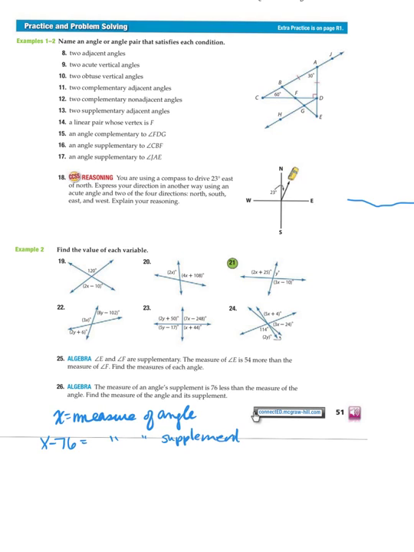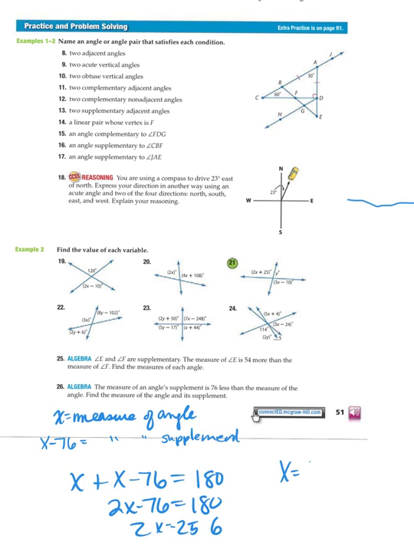Now, what do we know about an angle and its supplement? We know that if you add them together, you get 180 degrees. So 2x minus 76 is 180. 2x is 256. I hope I'm doing this arithmetic in my head correctly. x is 128.